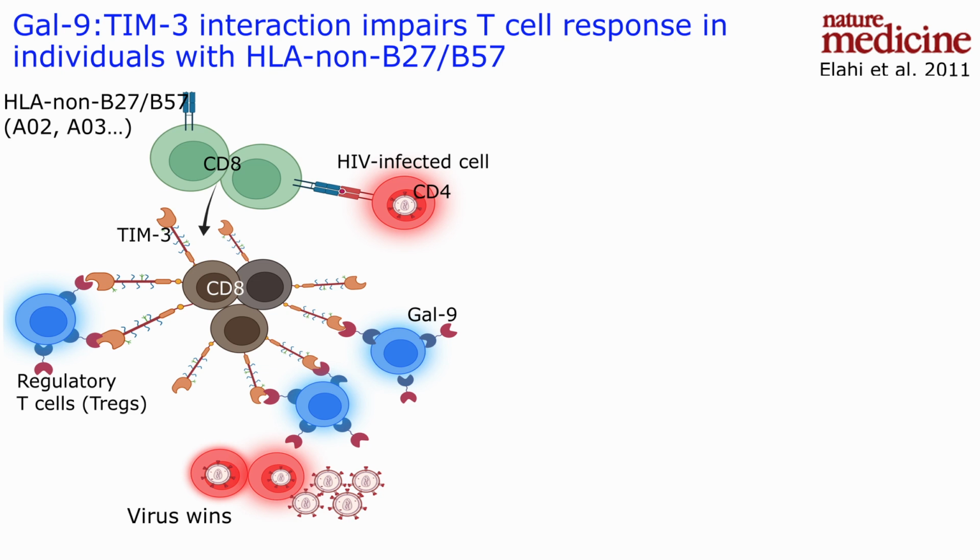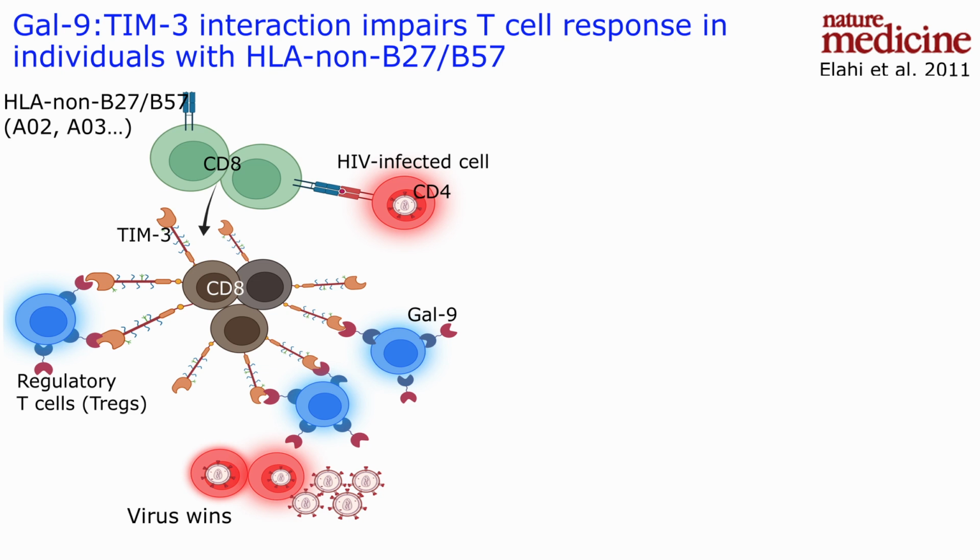So HIV infects helper T cells. When this CD8 T cell, which is the killer cell, recognizes on this MHC class 1, which is non-B27/57, this antigen presented on this MHC, the T cell receptor recognizes that this cell is infected.